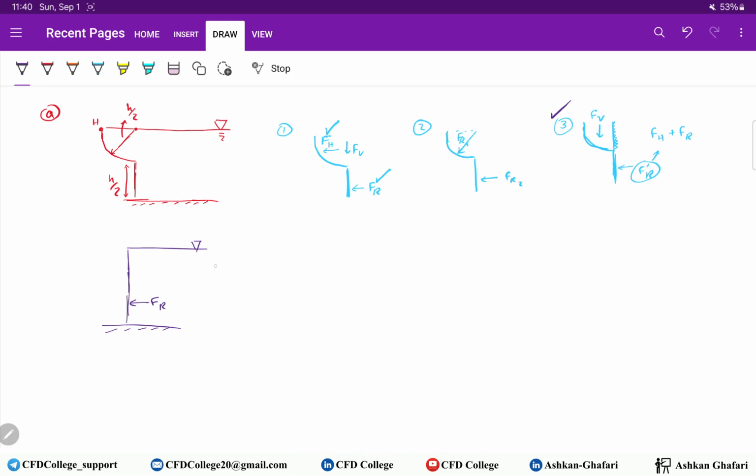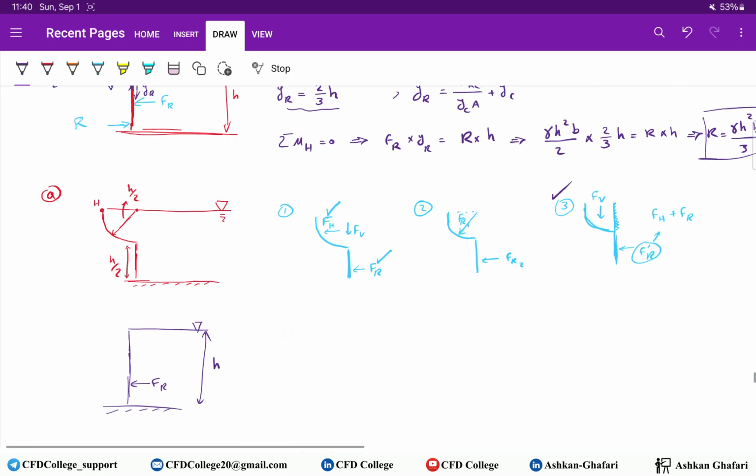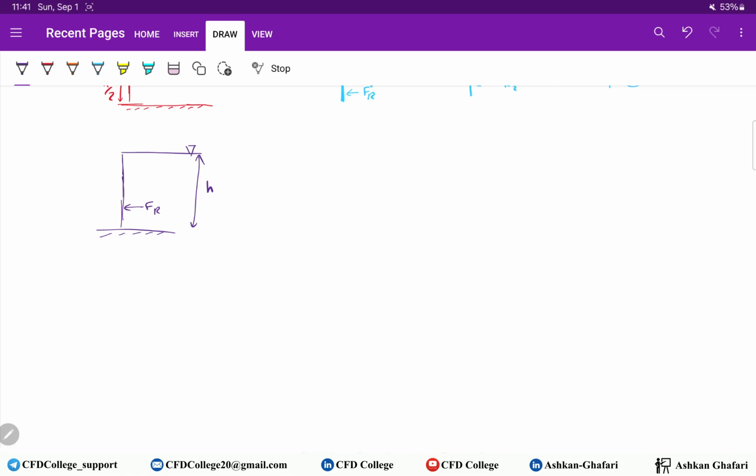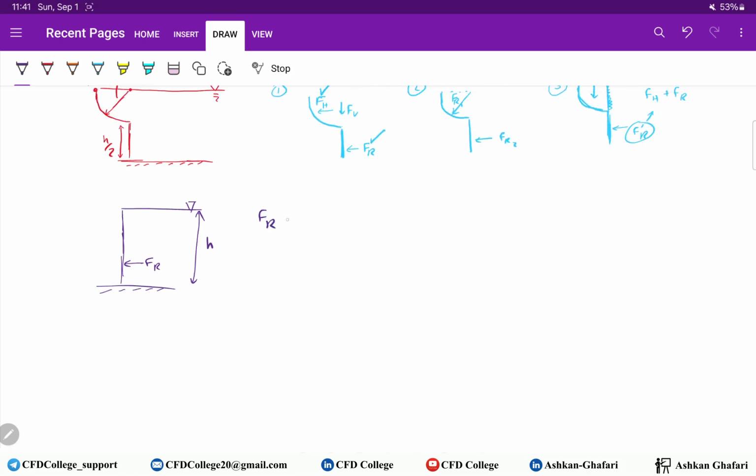Here is Fr, depth is h, so it's pretty similar to what we have solved in the previous section, part B, gate B. You know that Fr equals gamma hcA, and hc equals h over 2, and yr equals 2/3 of h.